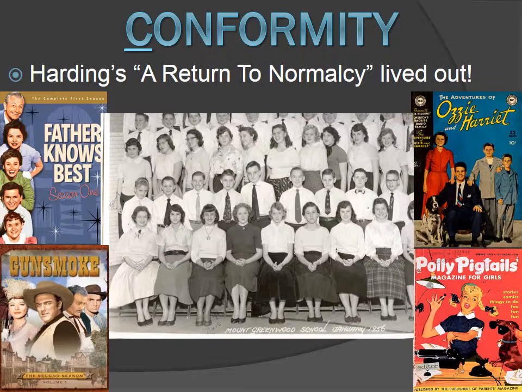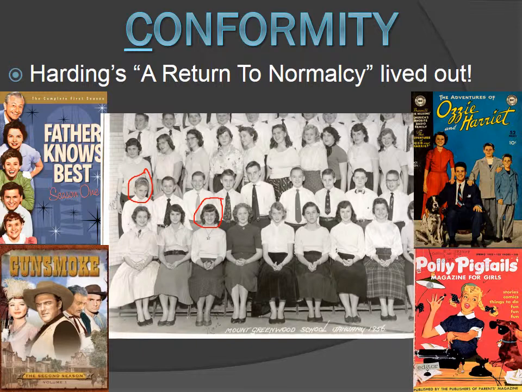I always like to show this picture of a middle school actually in 1956. And the reason I like to show this picture in 1956 is this person right here happens to be my mother, who along with her twin brother Norm were in this particular picture. But you can see there all the girls look the same.